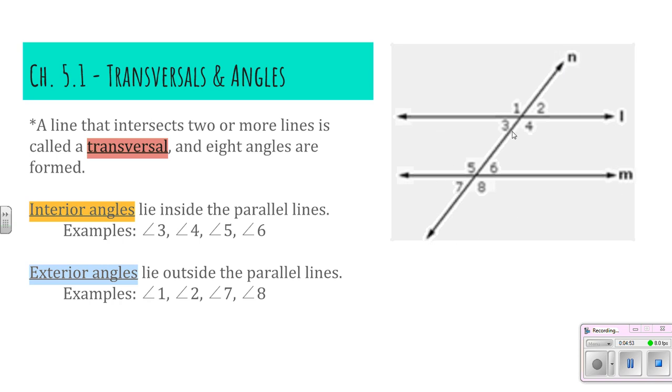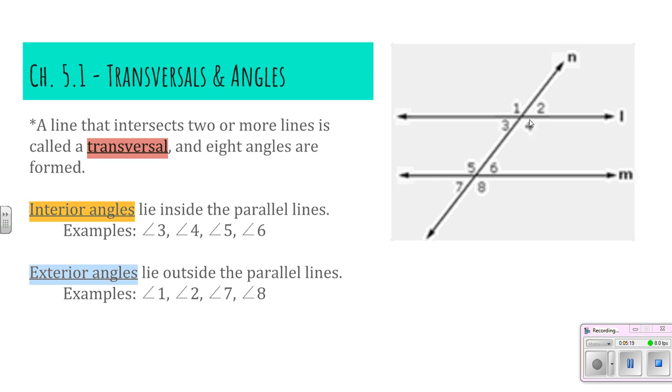Okay, so N is our transversal, and then it creates 8 different angles. 4 in this intersection, and then 4 more in this intersection, okay? And then we're going to focus on interior angles first. The word interior means inside, so we're going to focus on the angles that are inside those parallel lines, 3, 4, 5, and 6.